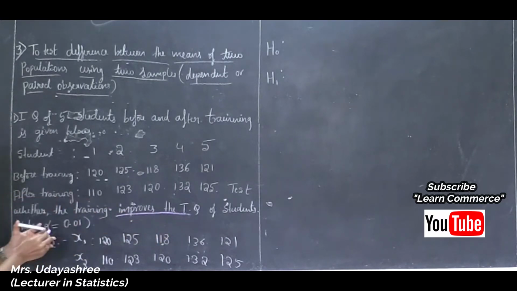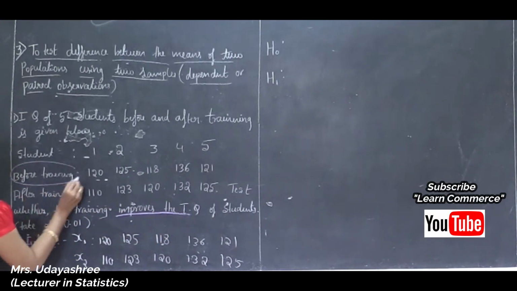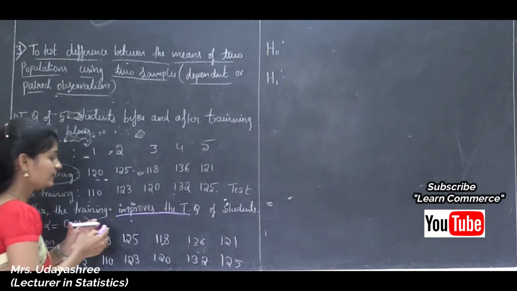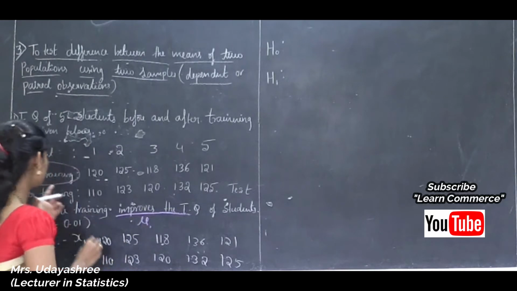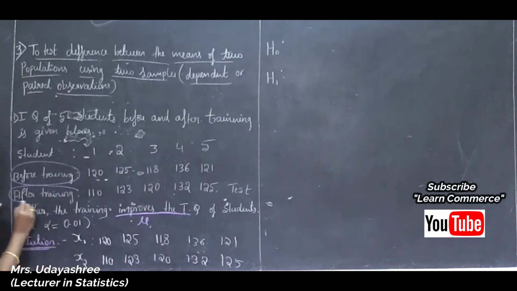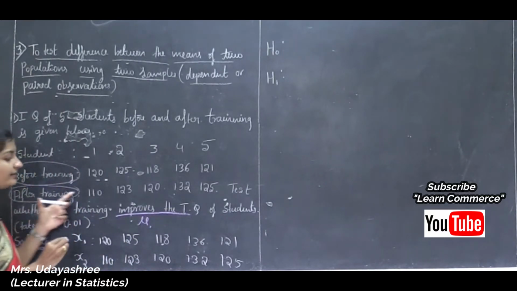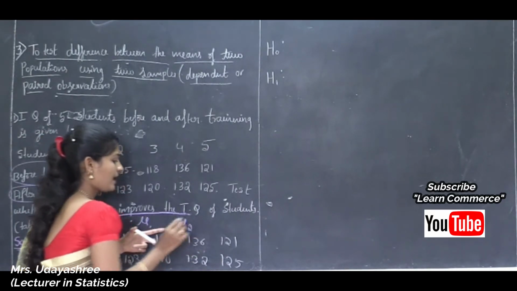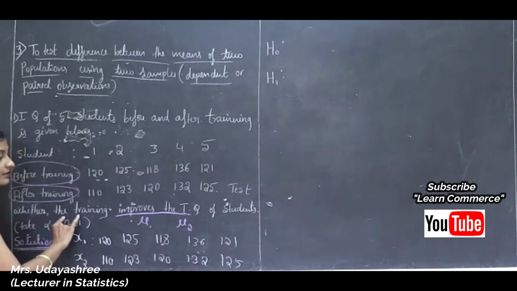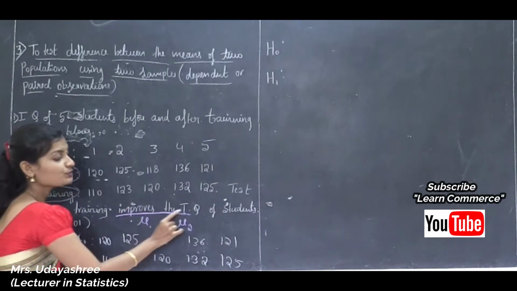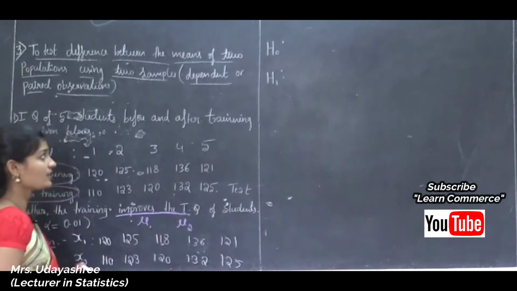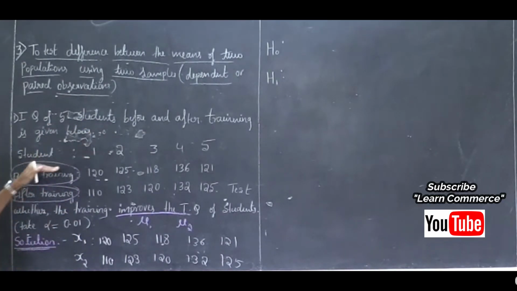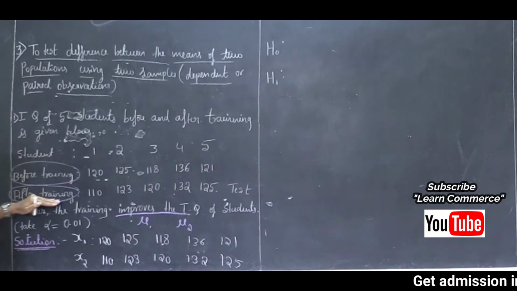But here, for the IQ of students before training, I will write the population mean as mu1. For the IQ of students after training, I will write the population mean as mu2. The sentence is whether the training improves the IQ of the students, in the sense that after training students' IQ improved.